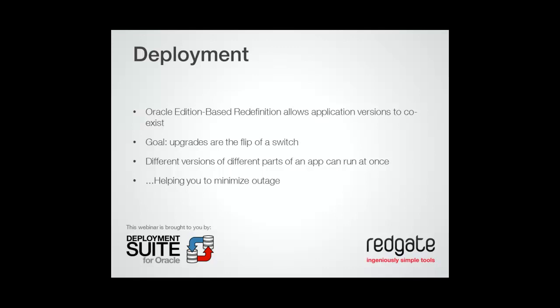Deployment is about flipping a switch from one version to the next, and maybe even allowing multiple versions to coexist. You can pre-deploy your objects and say, okay, well, some portions of the application are still running 2.2 and the new versions are running 2.3. How do I allow those multiple versions to coexist? And this again gets into versioning around your objects so that you can maintain that capability.